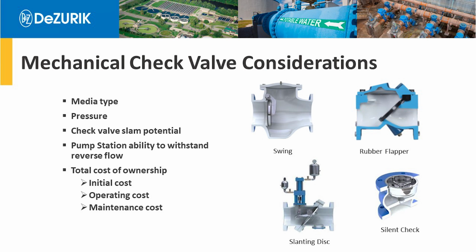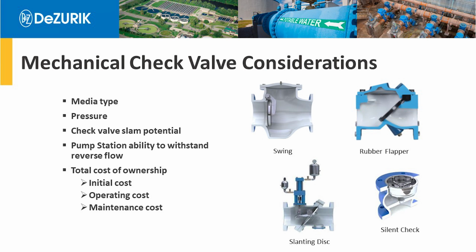And depending upon the engineer's requirements in designing the system with input from the end user, we consider the fluid media, the pressure type, total cost of ownership, initial cost, operating cost, maintenance cost, and things of that nature to select the right valve for the application.